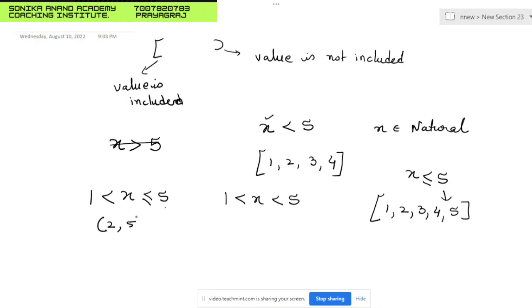And here 5 is included, so we write this. Or we can write it this way, 1 and 5, where 1 and 6 are not included. If it is written like this, that means 2 is included.